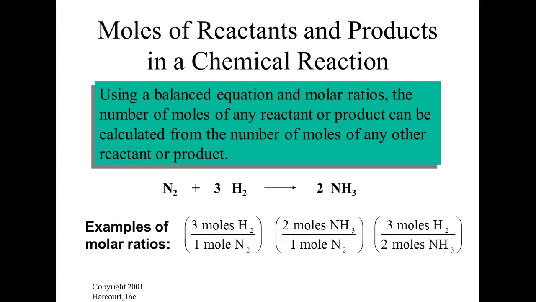So first step is you always have to balance them. Then you can figure out the ratio of the moles to each other. For example, in this balanced equation, there's 3 moles of H2 to every 1 mole of N2. There's 2 moles of ammonia, NH3, to every 1 mole of N2. And there's 3 moles of H2 to every 2 moles of NH3. So the balanced equation tells you all that stuff.